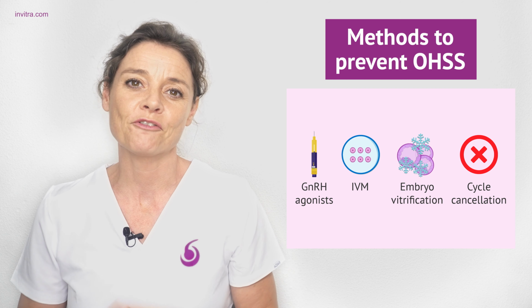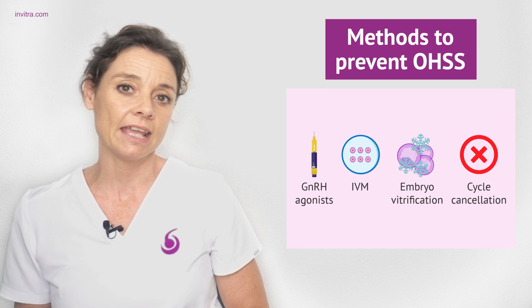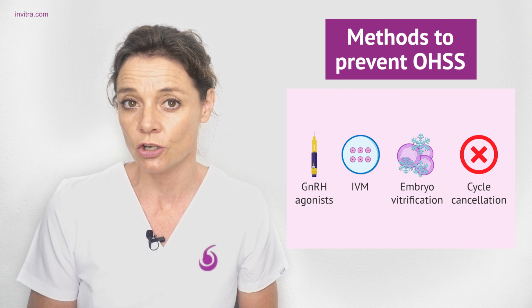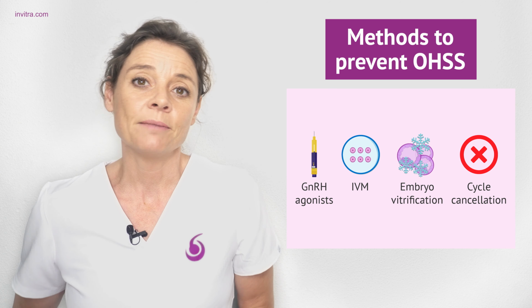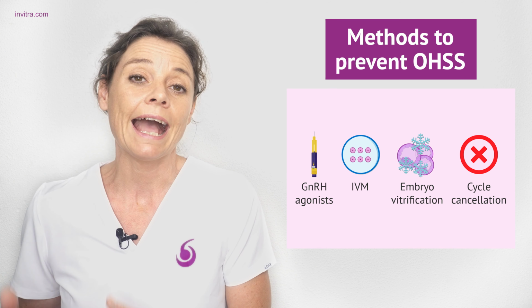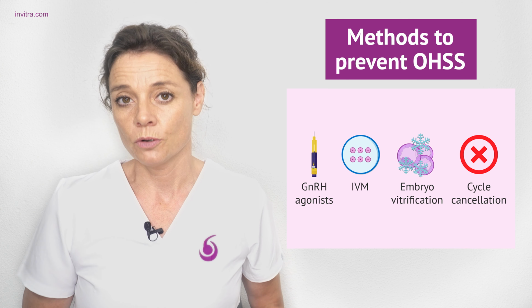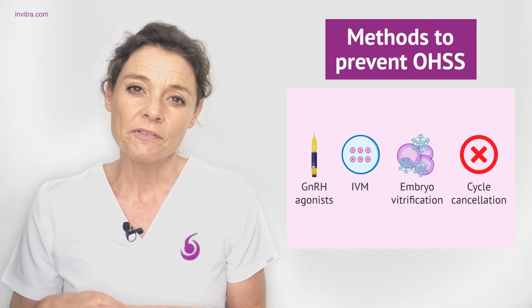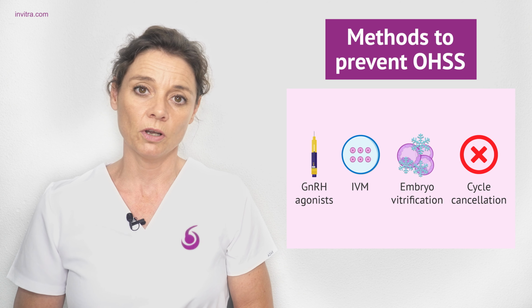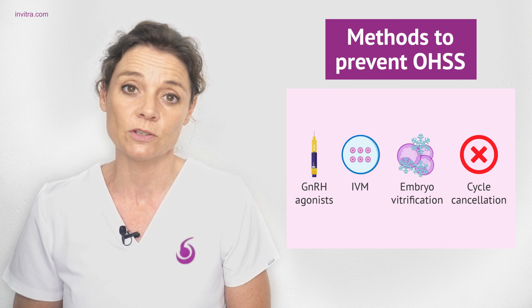For patients who have polycystic ovary syndrome, there is also a technique known as IVM, which is in vitro maturation of the oocytes. In this case, immature oocytes are taken from the body and matured outside in the laboratory. This avoids ovarian stimulation protocols from having to be performed. However, this treatment is not a commonplace one in all fertility clinics, and it hasn't been shown to increase success rates of the treatment.